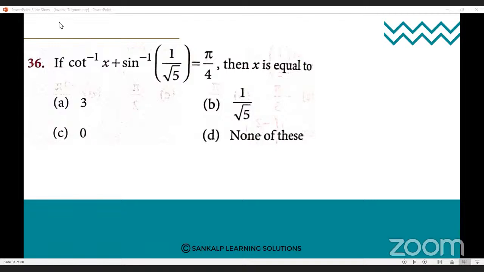Okay, so try to solve, Jyoti, Kavya. Try to solve it. What will be the answer?